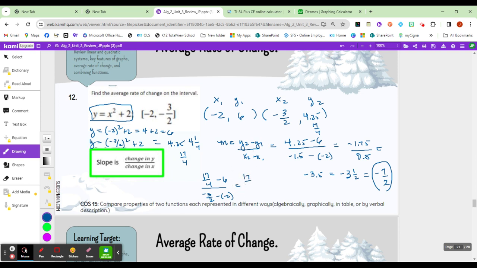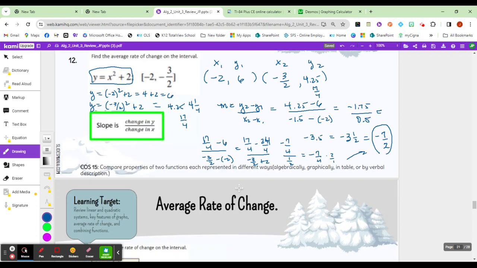That's 17/4 minus 24/4 over -3/2 plus 2. That's going to be -7/4 over 1/2. Then -7/4 divided by 1/2, or multiplied by 2. Yep, that gives me the same answer. All right, just double checking there.